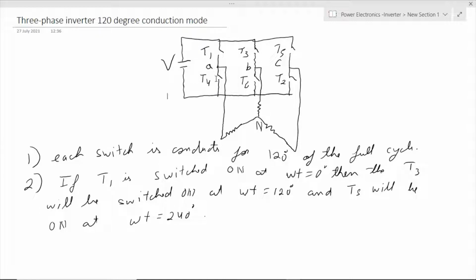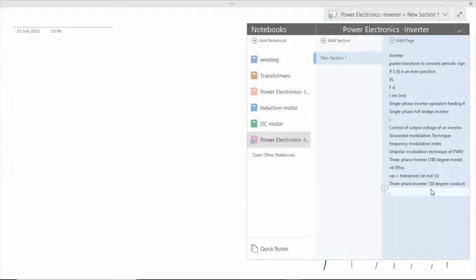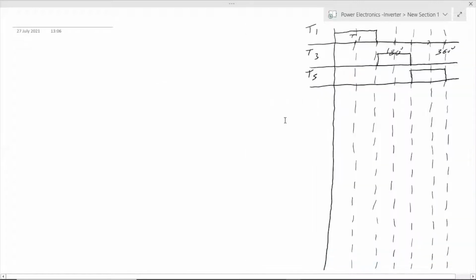In this mode, we will switch on T4 after 60 degrees from T1.